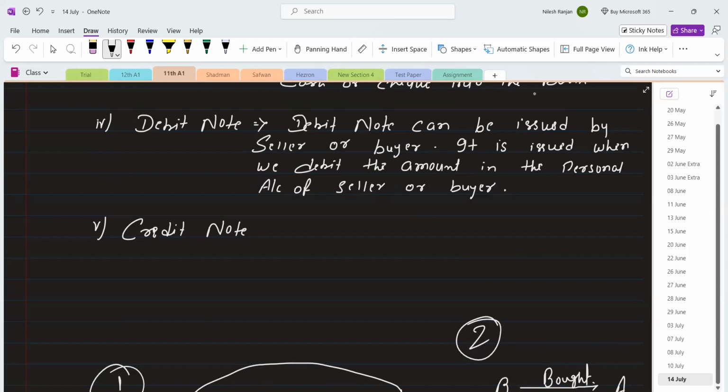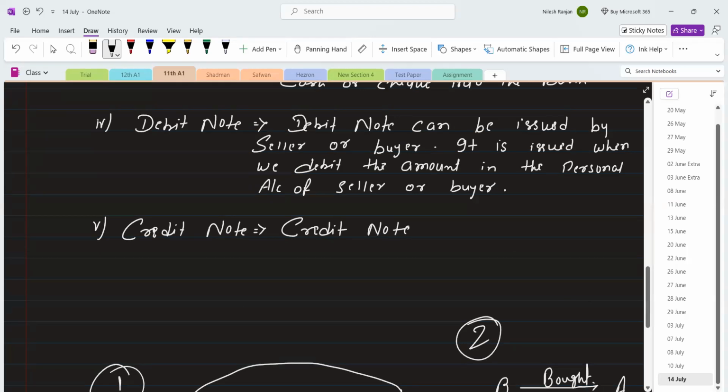Okay, so this is debit. Now, what is credit note? Same as the debit note, credit note can be issued by seller or buyer both.